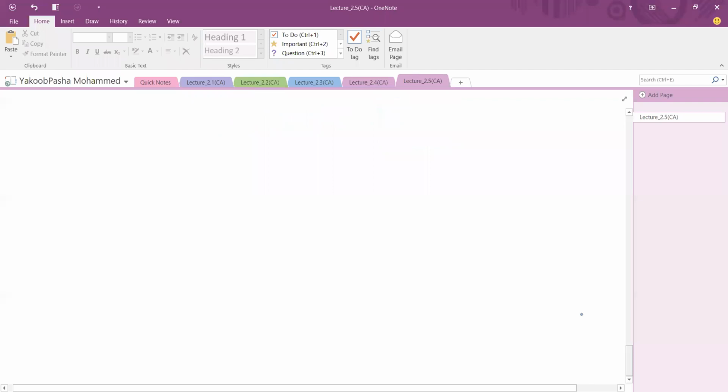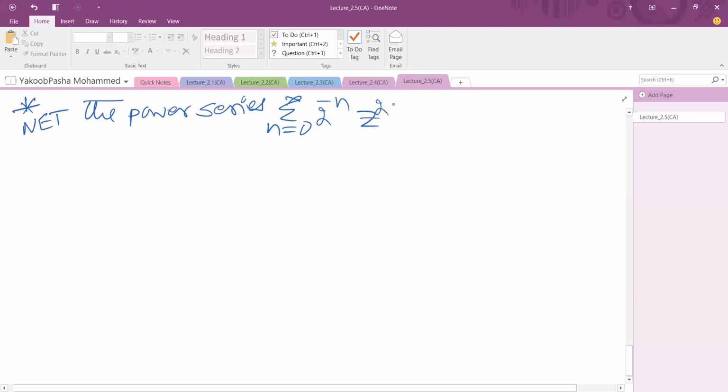Okay. Now I am taking another problem from NET 2013. The power series summation n equal to 0 to infinity 2 power minus n z power 2n converges if, okay, we have options here.